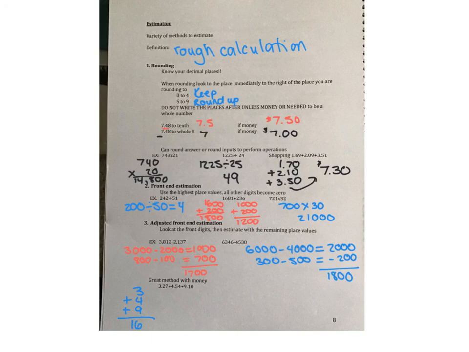Then I'm going to actually round the change. So I could have 30 cents plus 50 cents plus 10 cents. And if I do that, I'll get 90 cents. And then if I just add that together, I'll get $16.90.